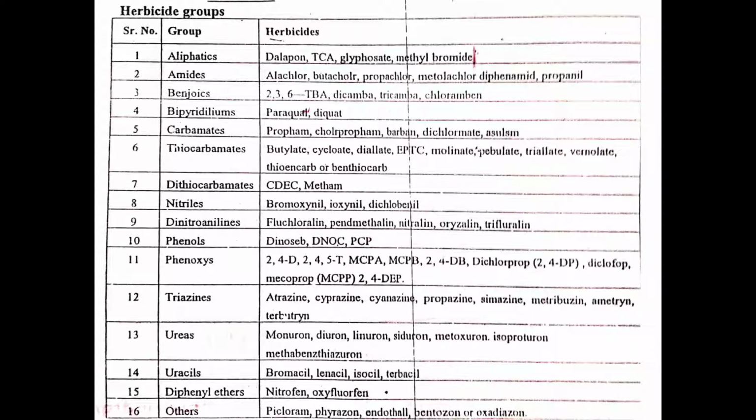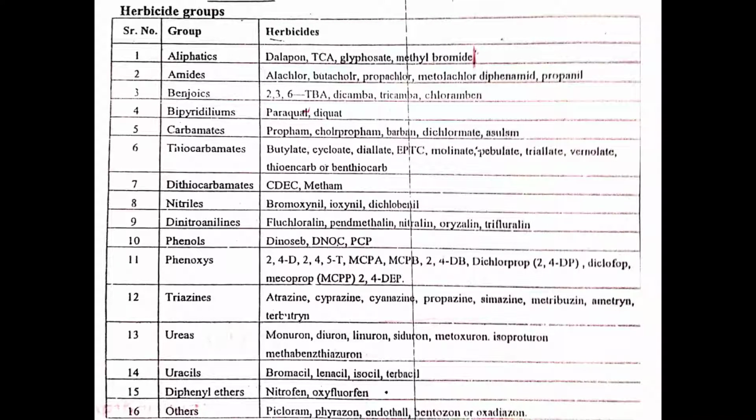Then benzoic group herbicides are 2,3,6-TBA, dicamba, tricamba and chloramben. Then herbicides like paraquat and diquat come under the bipyridylium group. Then carbamates group herbicides like propham, chlorpropham, barban and dichlormate.